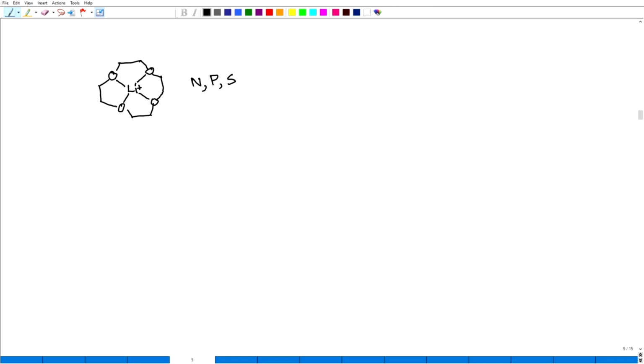And here I have put lithium because these are all oxygen donors. And if we have, say, all sulfur donors, you know that sulfur likes heavy metals. So, there could be sulfur like this.